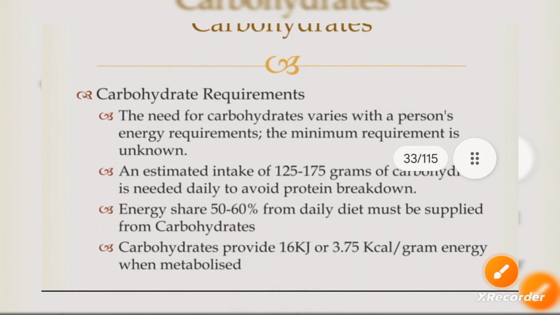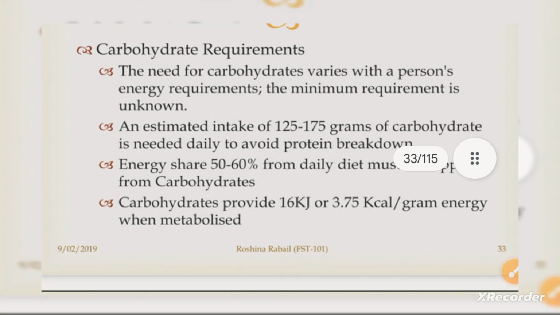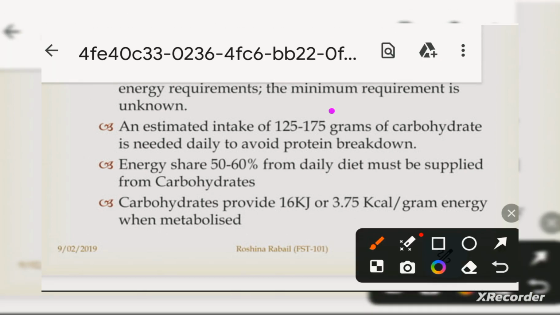Carbohydrate requirement. The need for carbohydrate varies from person to person. An estimated intake of 125 to 175 grams of carbohydrate is needed daily to avoid protein breakdown. If less than 125 to 175 grams is in our diet, body protein breaks down, because energy sources are carbohydrate, protein and fat.